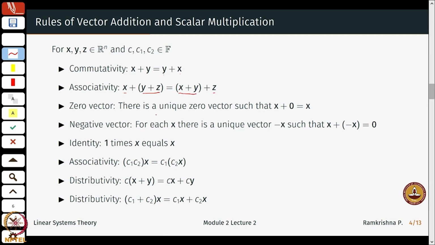The zero vector: there is a vector we call the zero vector, such that if I add it to the vector x, it gives me the same vector x again. This is called the additive identity. Similarly, there is a negative vector: for x, the negative is minus x, and if I do the vector addition I get a 0. So minus x is called the additive inverse.